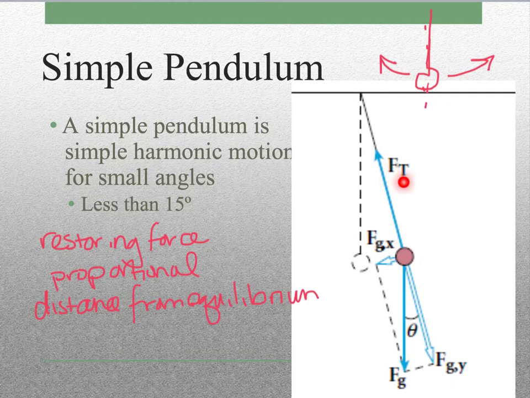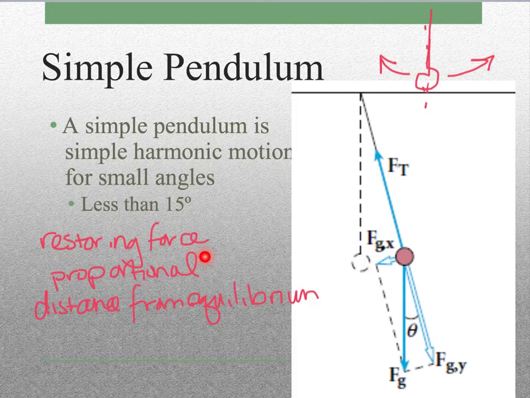So this Ft stands for the force of tension of the string, the force pulling the bob up. So anytime it's swinging higher than the equilibrium position, part of the force of gravity is opposite the string, and part of it will be going towards the direction of the equilibrium position. So this force of gravity in that direction is our restoring force.